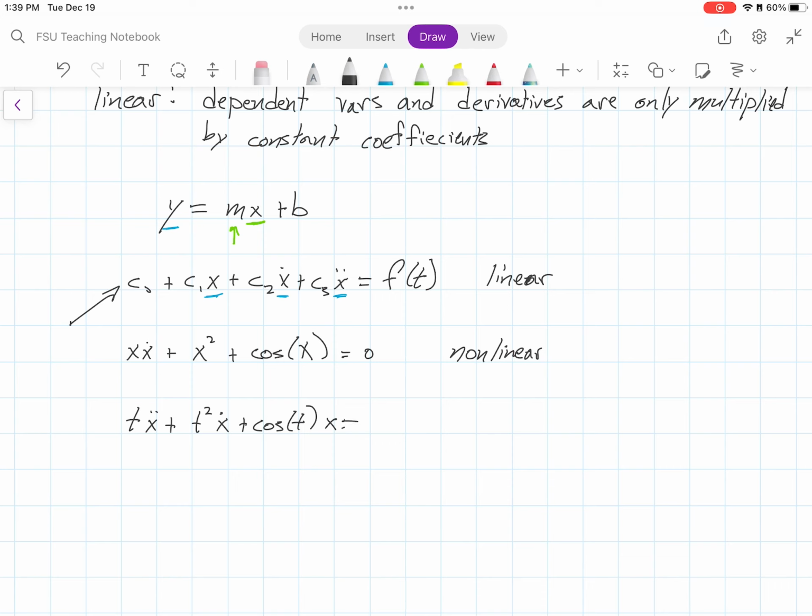And so this, say it equals 0, is a linear function in x. But it's a variable coefficient. It's a variable coefficient linear ordinary differential equation.